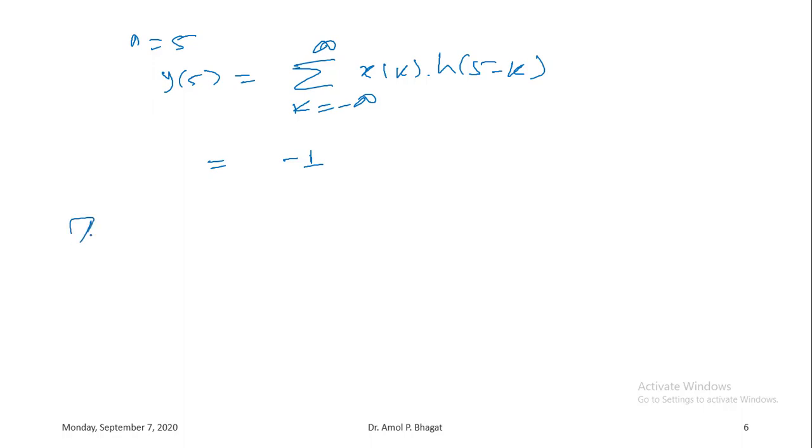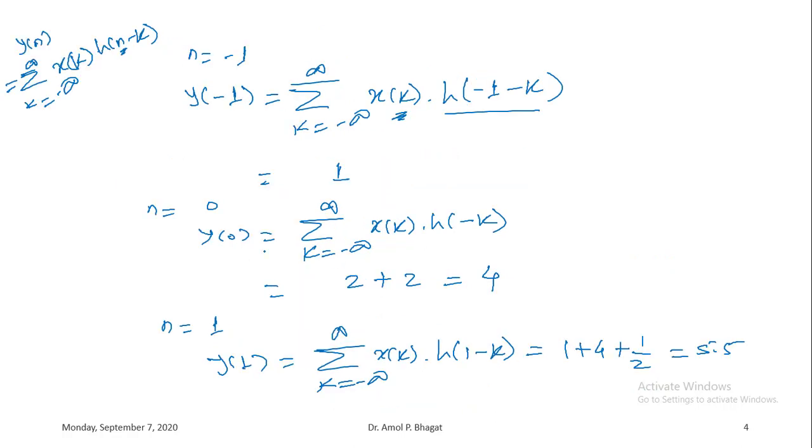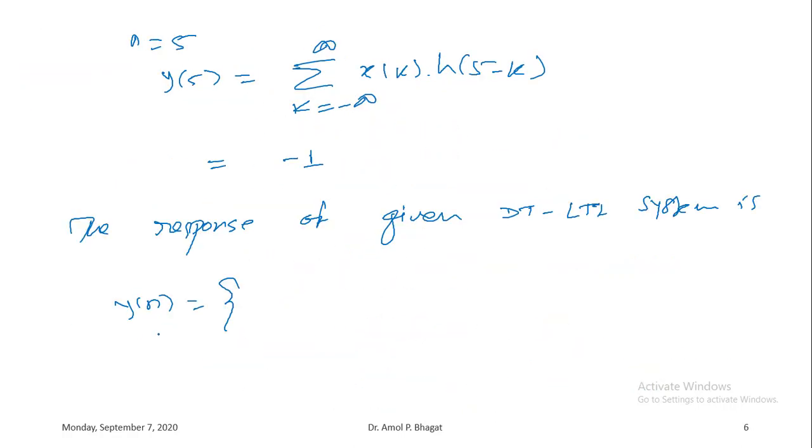So the response of the given DT-LTI system is, so you'll be simply writing these values. Okay, so you get at n equals minus 1 value 1, right?